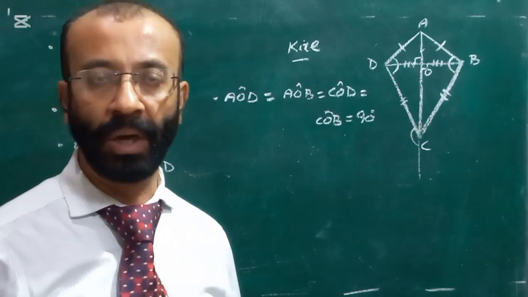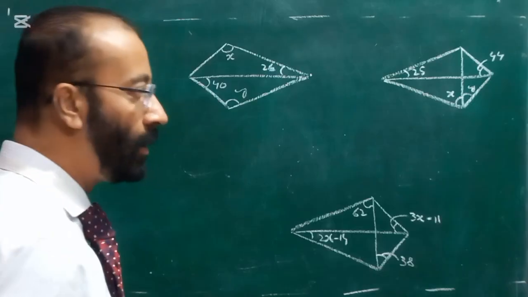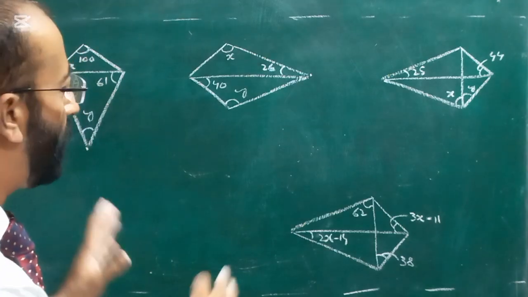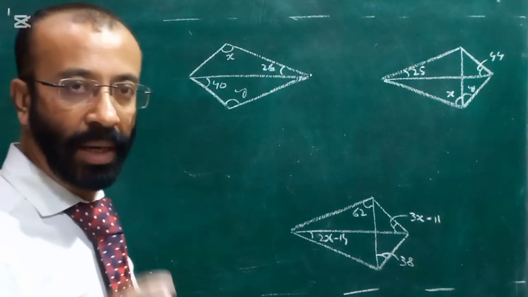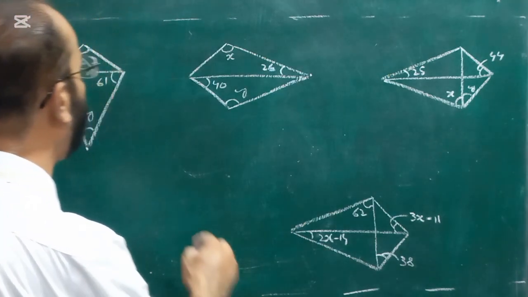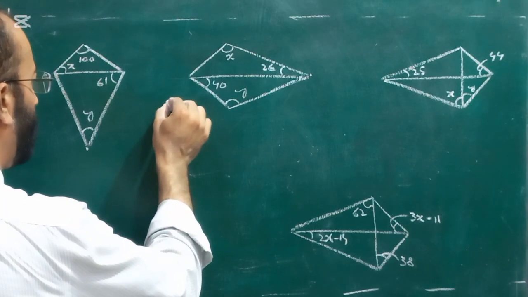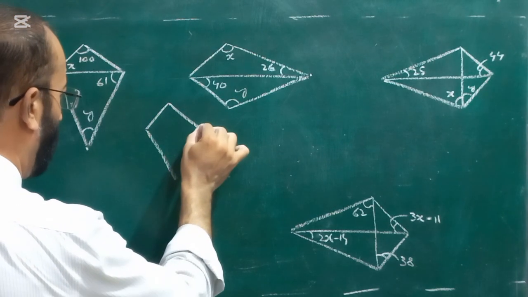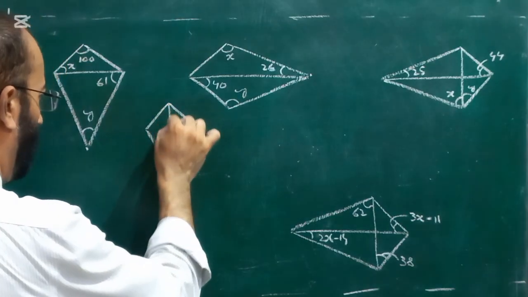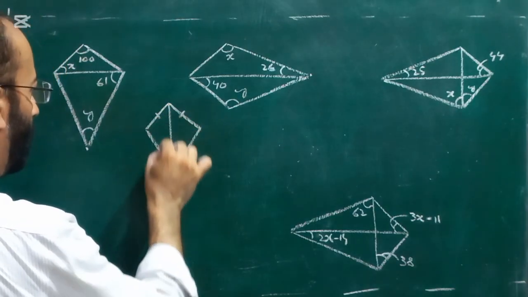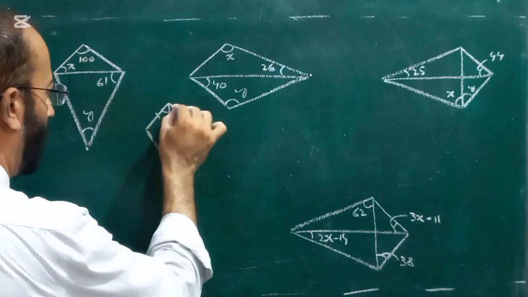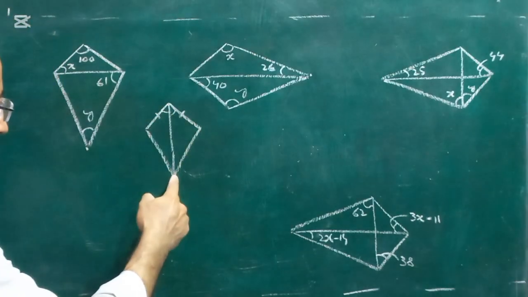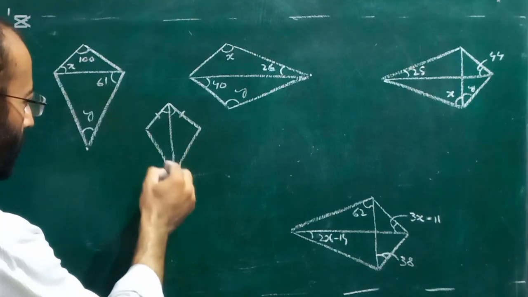So come now, we are going to solve some questions. But before solving them, another property in the kite figure is also applied. When we draw the diagonal, because these two sides are equal, this angle will be bisected. So this diagonal will bisect this angle.